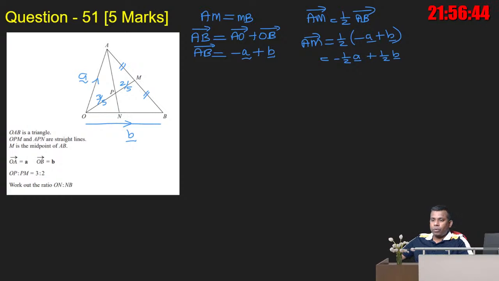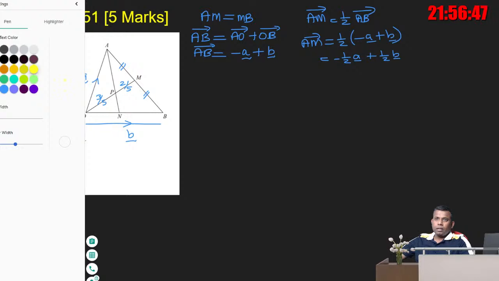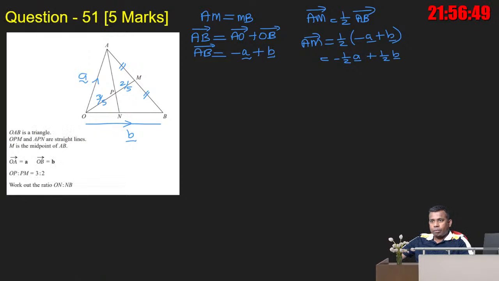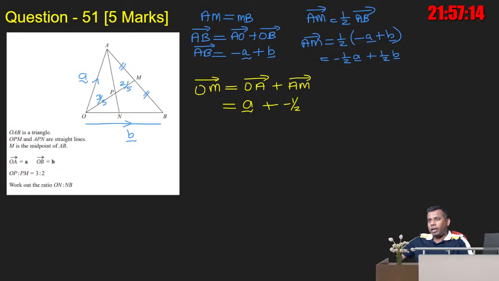Now let me use a different color so then you know exactly what I am writing here. O to M vector. If I want to go O to M, I can go O to A, then I can come A to M, right? So O to A is A vector plus A to M is minus half A plus half B, right?